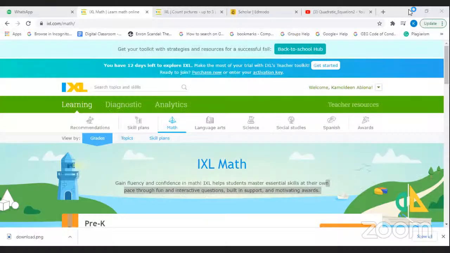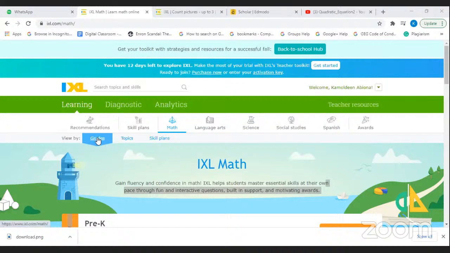I want to believe you can see my screen now. You can let your phone be in horizontal form so that you'll be able to see clearly.